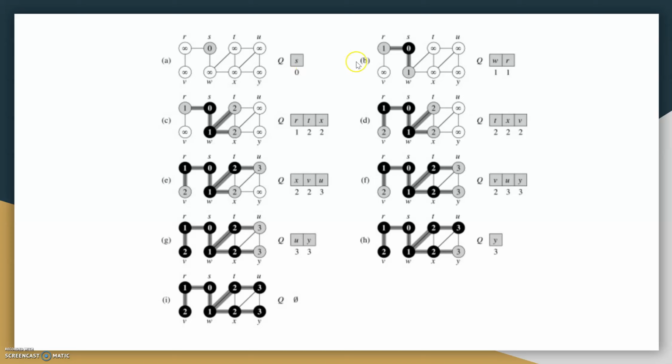And then at step B, you see that S becomes black now because it has finished processing, since it's the start point.